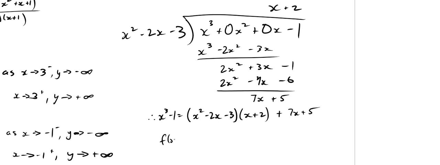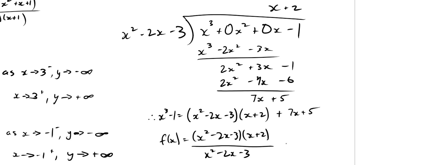which means f of x equals that whole thing. Remember, this is what we're dividing by. That was what was in the original question. The remainder part looks quite different from the last time, but that doesn't really matter much.